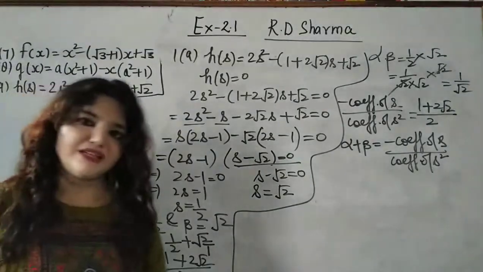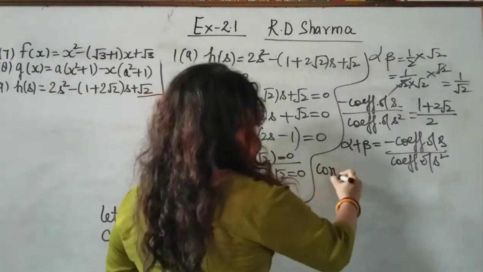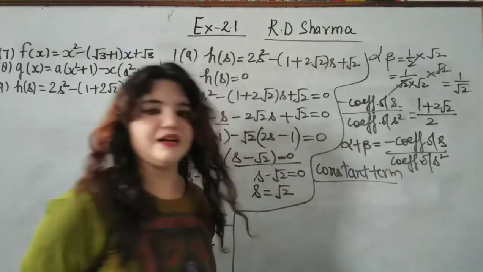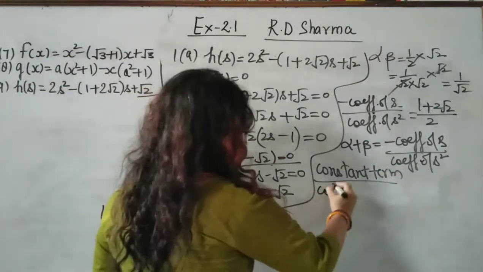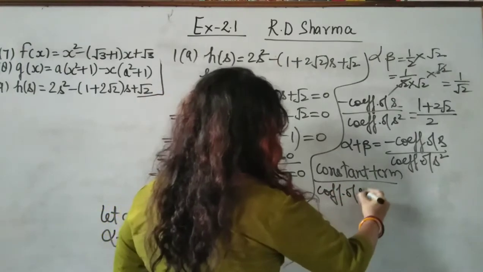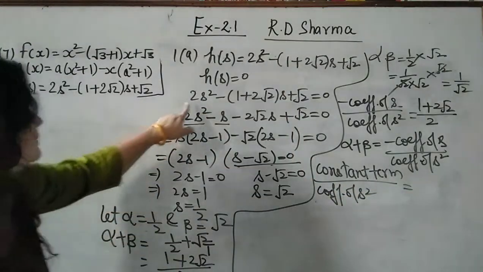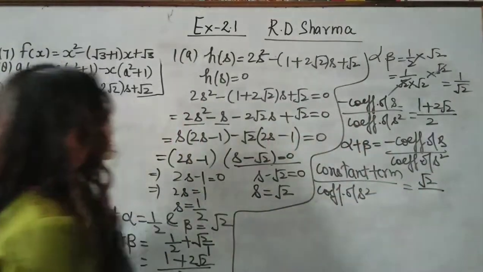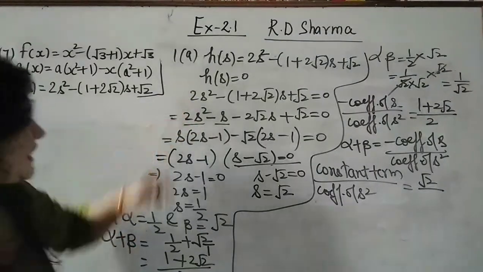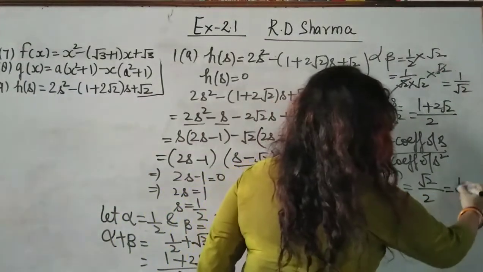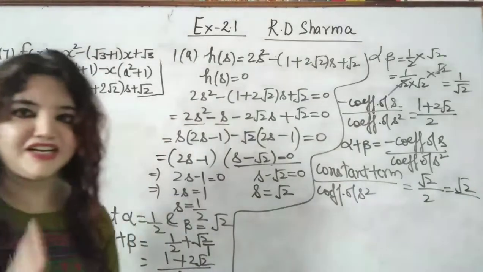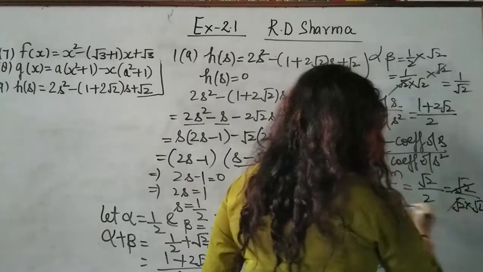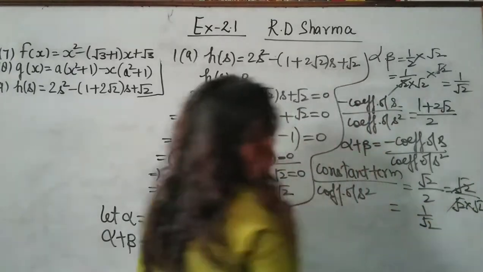Right? Now in the terms of constant term, constant term upon coefficient of s square. So what is the constant term? Constant term is under root 2. And coefficient of s square is 2. So under root 2 upon 2 we can write under root 2 into under root 2, root 2 cancelled out and we are left with 1 upon root 2.